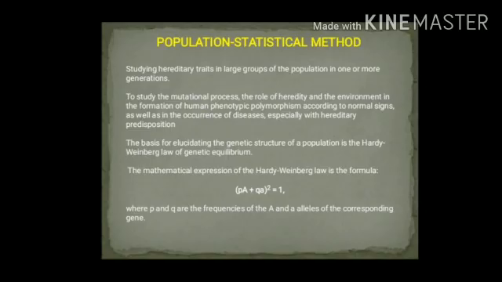An analysis of the frequencies of occurrence of different traits in a population, if they comply with the Hardy-Weinberg law, suggests that the traits are due to different alleles of the same gene.